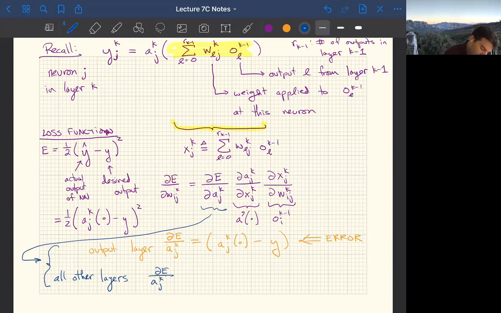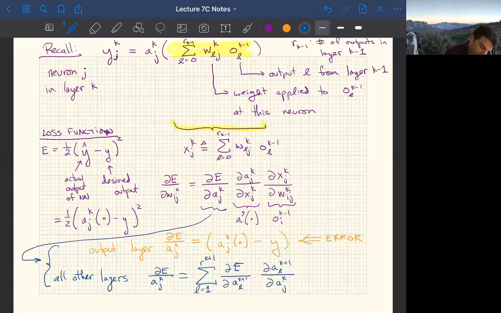And so this here is going to be equal to, and I'm just taking the total derivative here, the sum of the partial derivatives with respect to later activation functions times the partial derivative of those later activation functions with respect to the activation function I'm interested in.